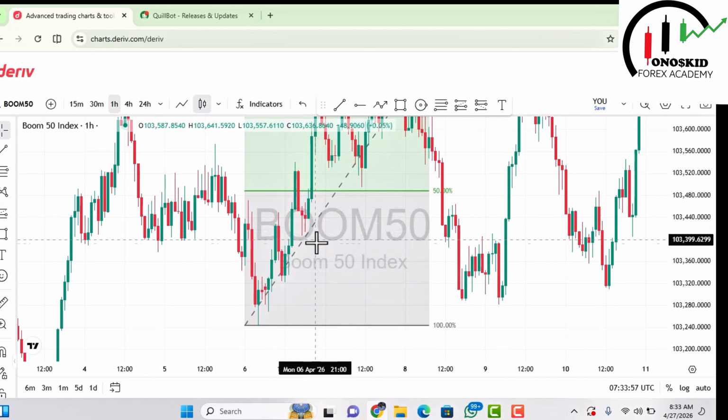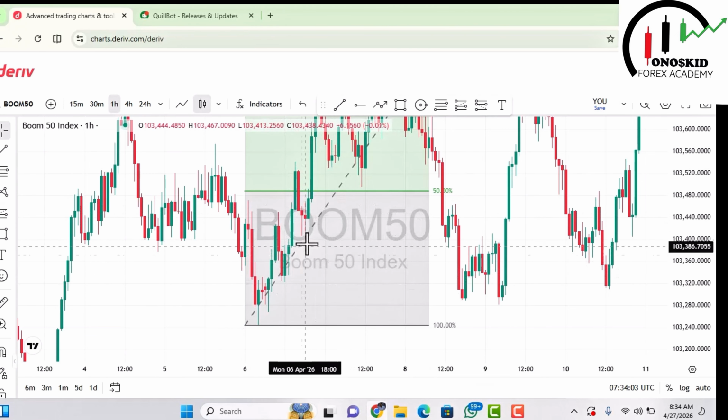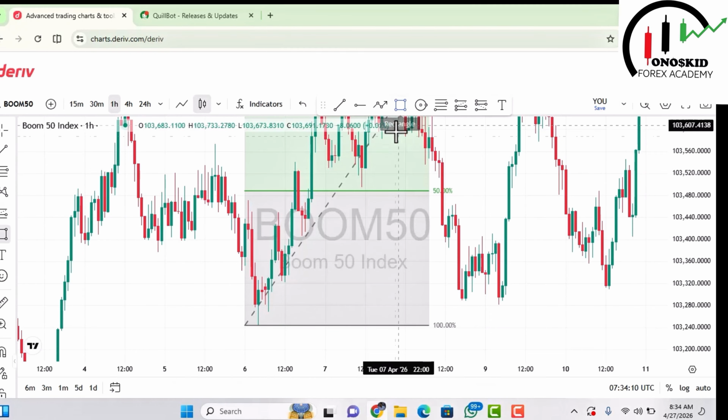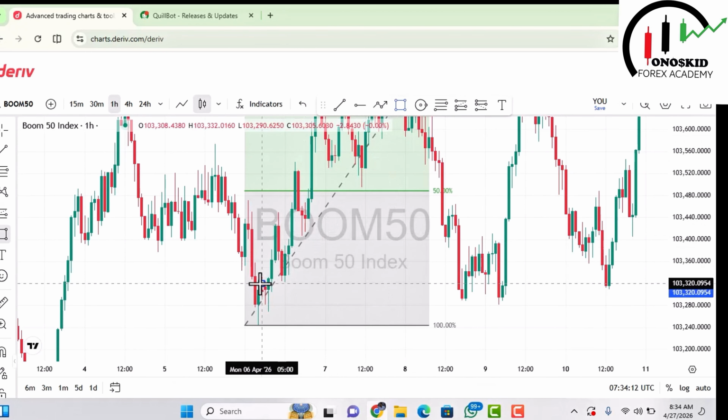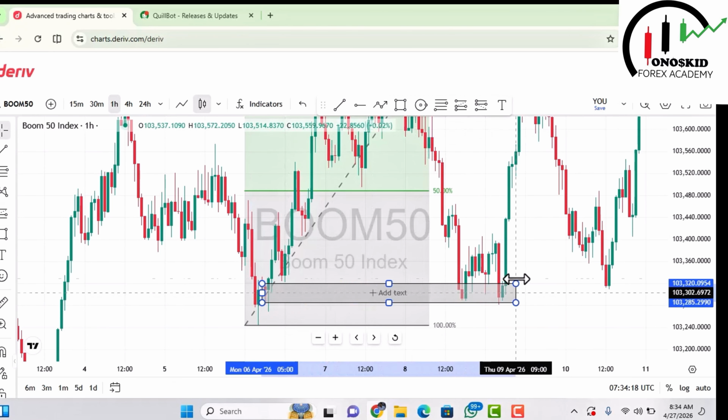Sometimes those things are acting as liquidity. So the safest place is if you have more than 3 demand showing you below the 50% Fibonacci retracement level, you should always pick the one that is at the extreme, which is this particular one. The one that is at the extreme, that is the one you should select.